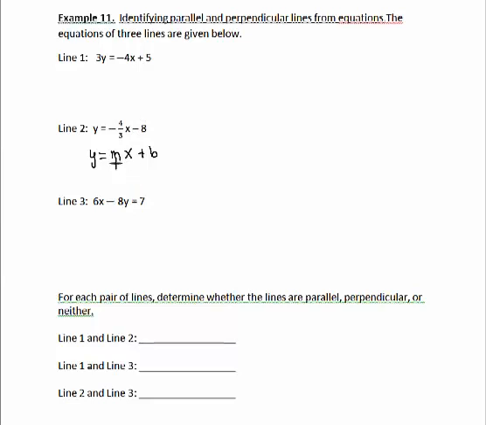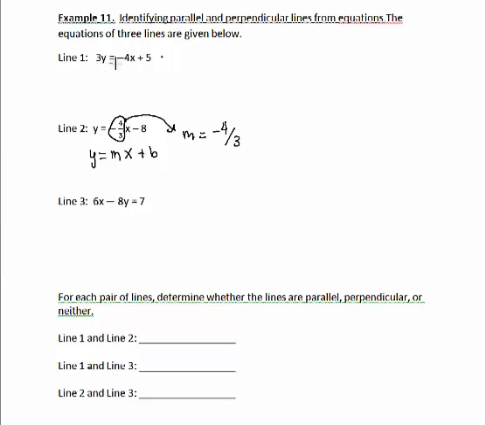And so to pick out the slope, we just pick up the number in front of the x. Slope equals -4/3. Now, this was the easy one. We need to take line 1 and 3 and put it in this slope-intercept form so that we can figure out what their slopes are.